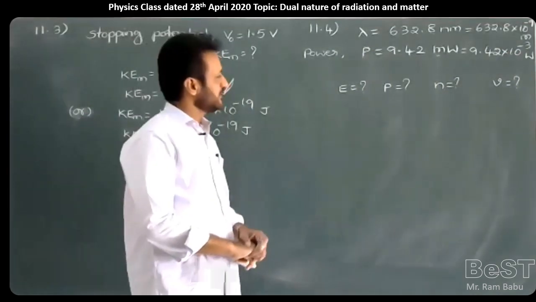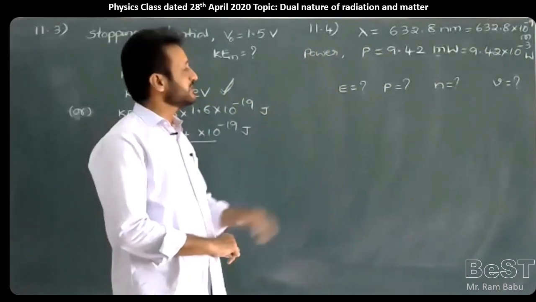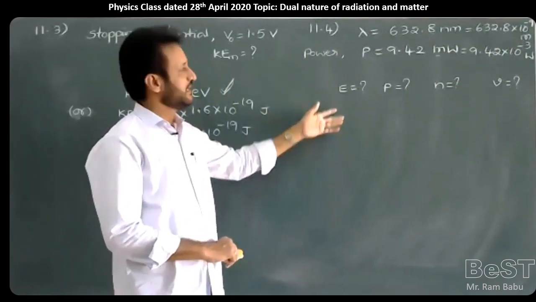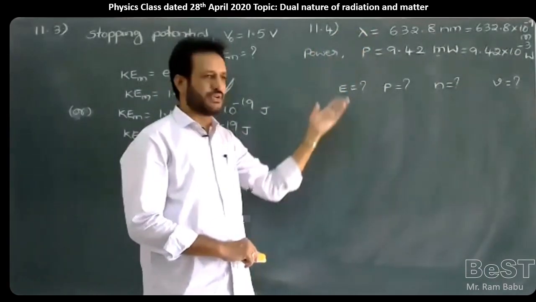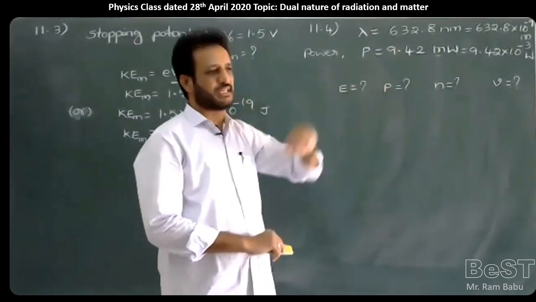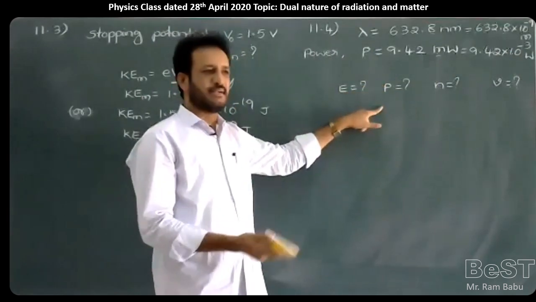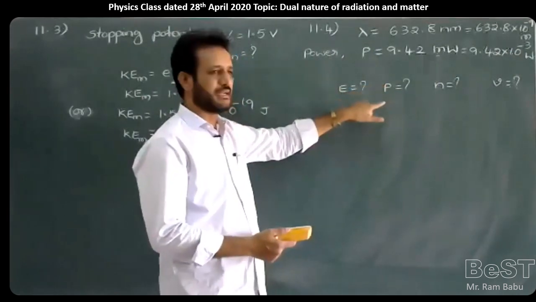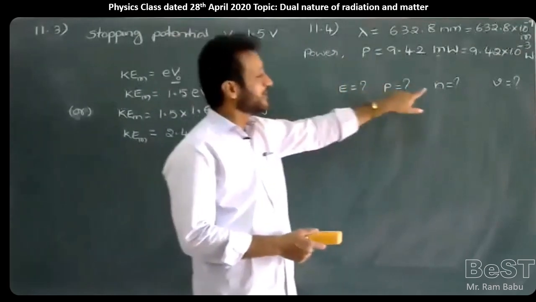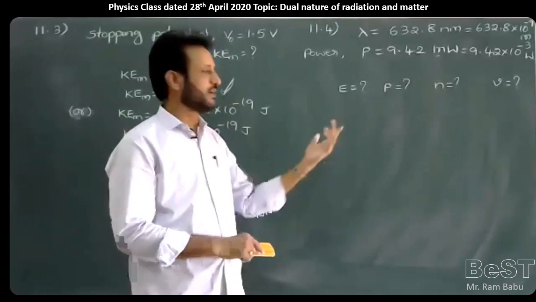First question, they asked what is the energy of each photon. We know already E is equal to hc by lambda. Here lambda is given, hc values we know, we can calculate. Second, what is the momentum of each photon? P is equal to h by lambda. According to de Broglie, lambda equals h by P or P equals h by lambda. And for the number of photons, E is equal to hc by lambda, n into E, we can calculate.